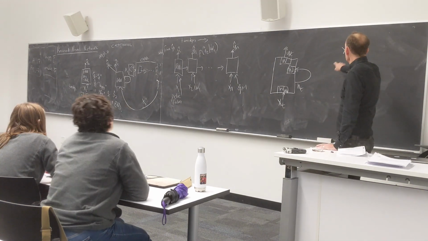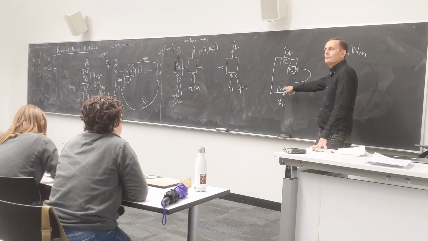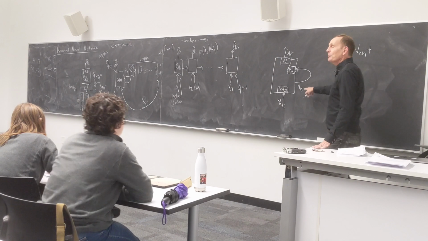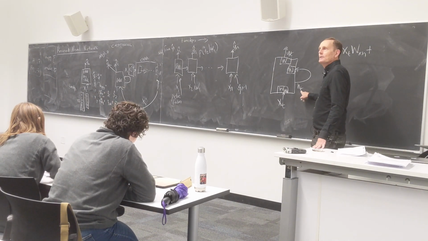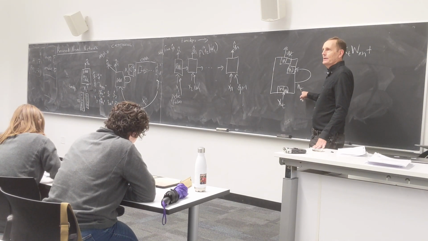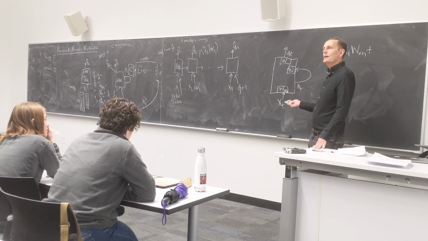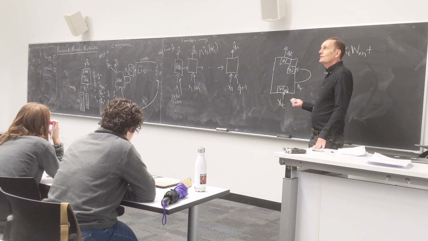So we're going to take our input times a weight matrix. We're going to add that to the output from the previous time step. The output from the previous time step is what? This time step is t. So the previous time step, t minus 1.